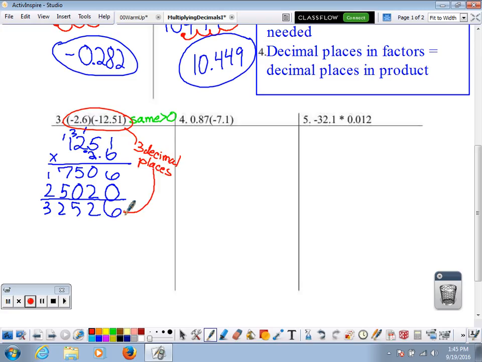Okay, so that means how many decimal places in our product? 3. 1, 2, 3. So we have 32.526. Okay, should it be positive or negative? Very good. We said that it's positive. That's not changing. Okay?